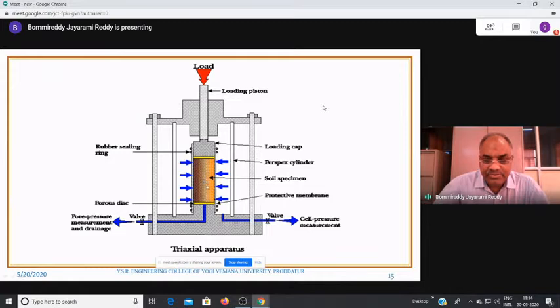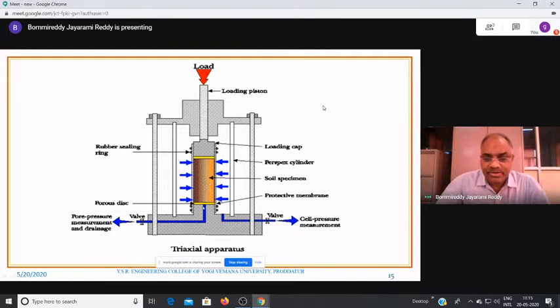If any excess water is present in the soil, because of the pore water pressure, the water will move through the pipe. This is called the pore pressure measurement and drainage. Here a valve exists, and a meter will be provided. From this meter we can find out how much the pore pressure is in the pore water of the soil sample.